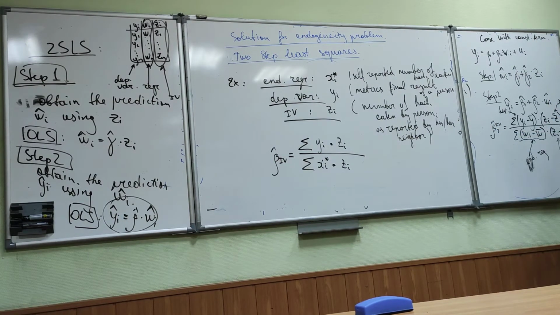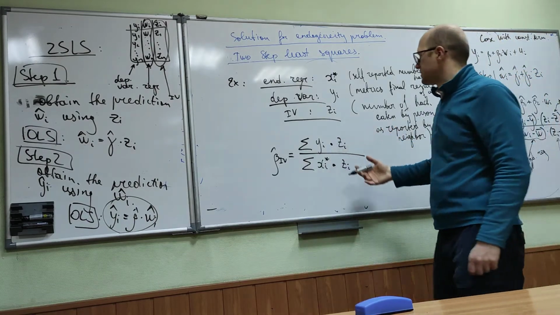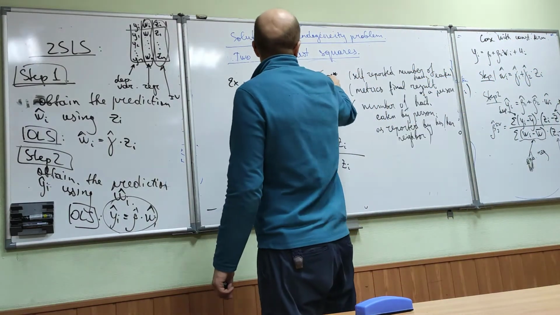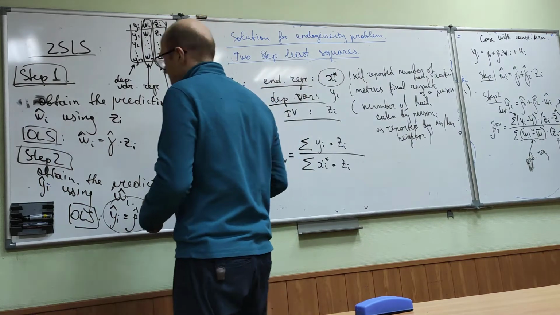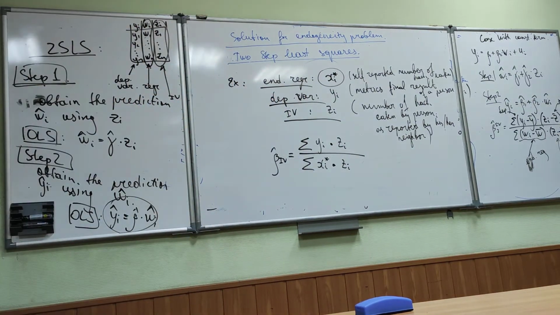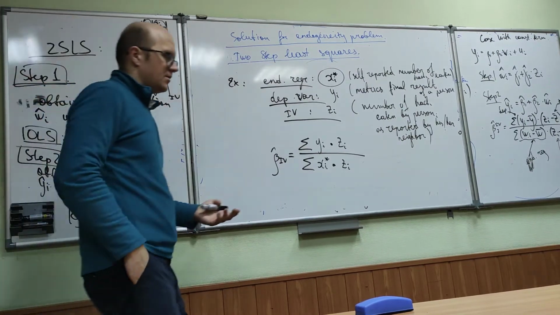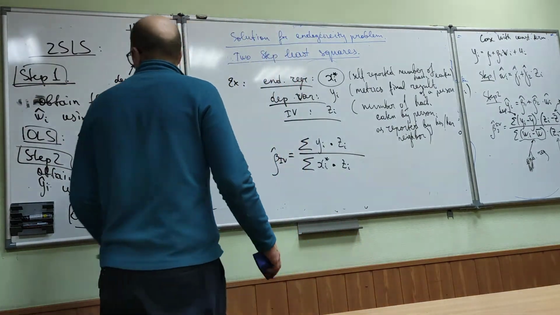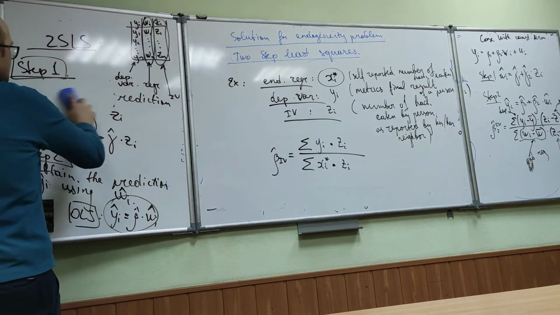So roles are important, not letters, because in another problem you will have another letter for the endogenous regressor. I can't always keep the letters because there are too many problems and too few letters.